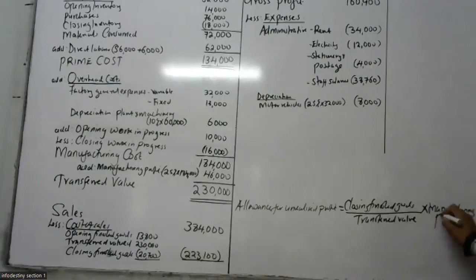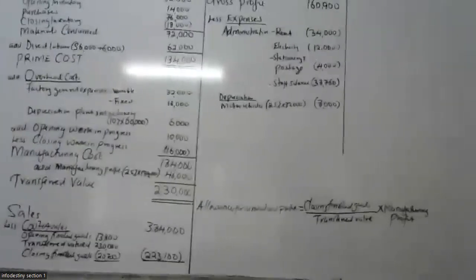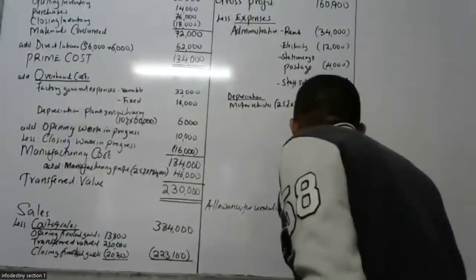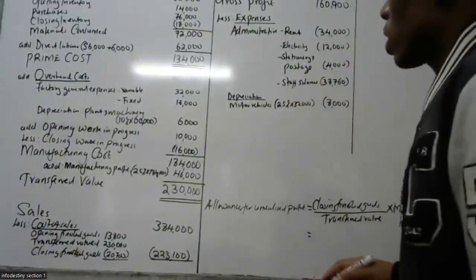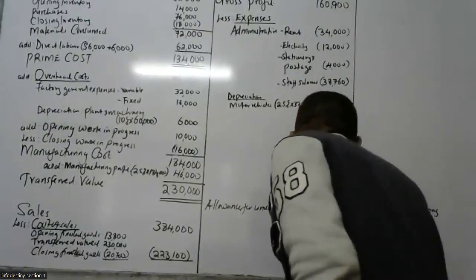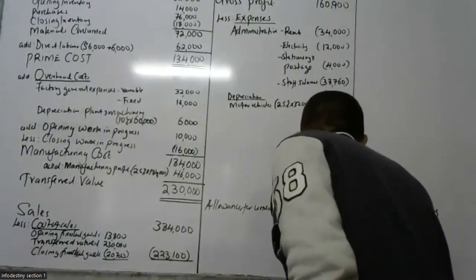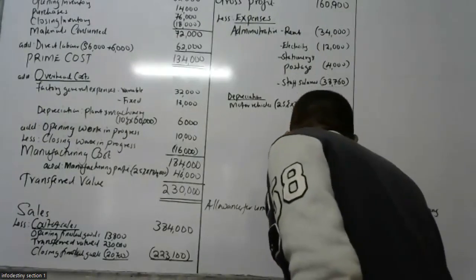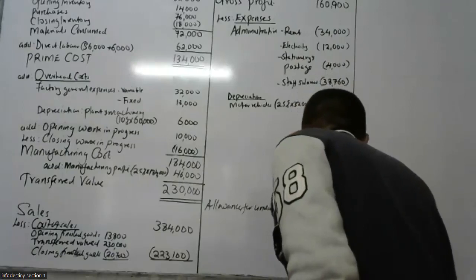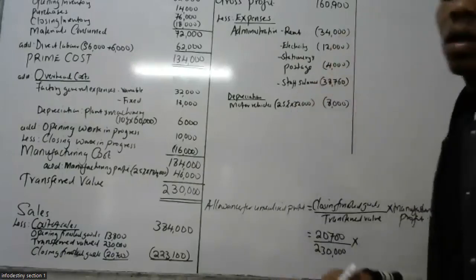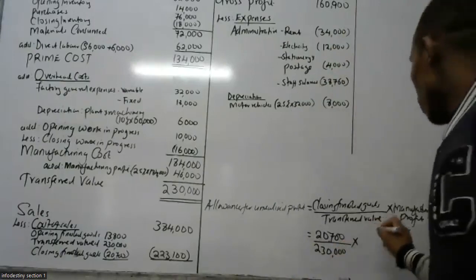If you calculate it, the closing finished goods equals 2,700. The transferred amount is 230,000. You multiply by the manufacturing profit of 46,000.